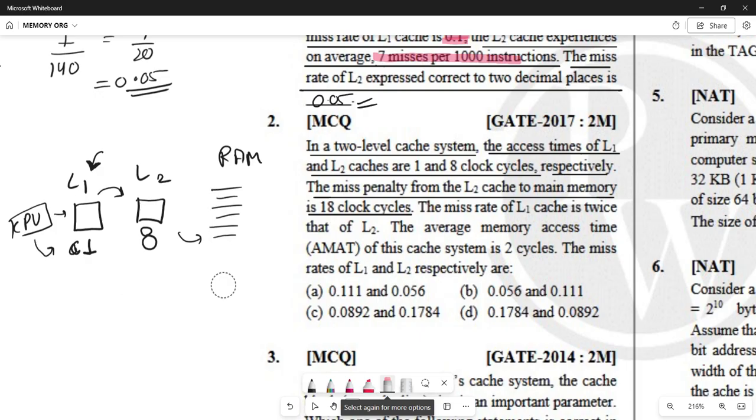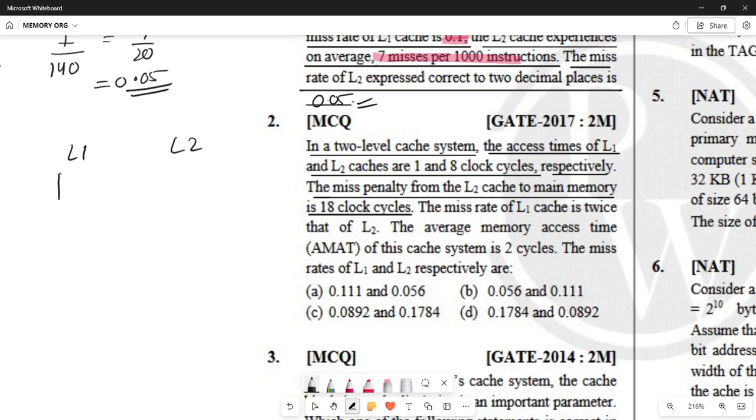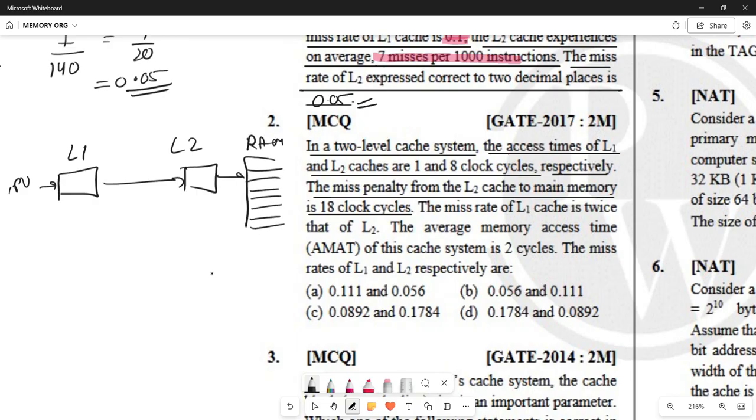So it is real mathematics right here. There is L1 and L2 and a CPU, sending requests to RAM.